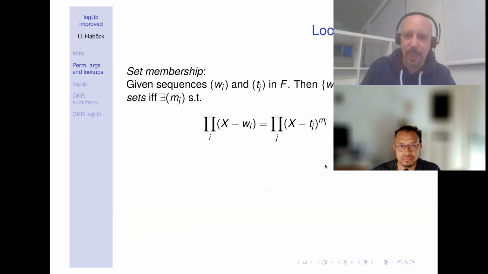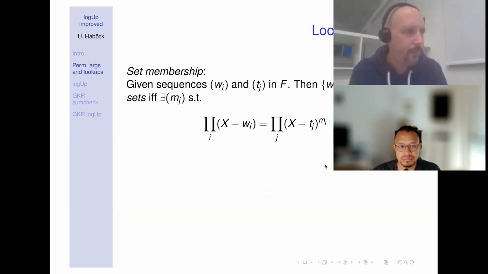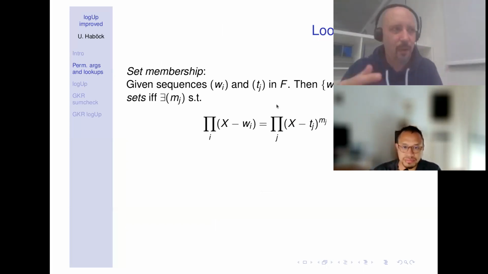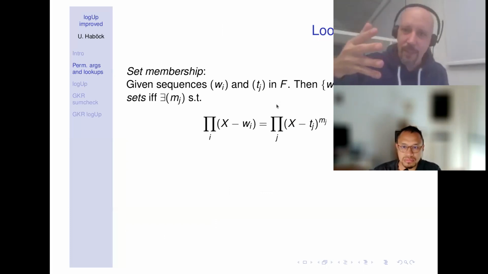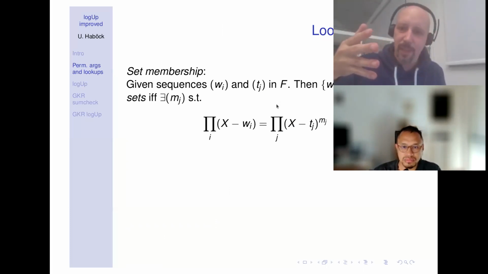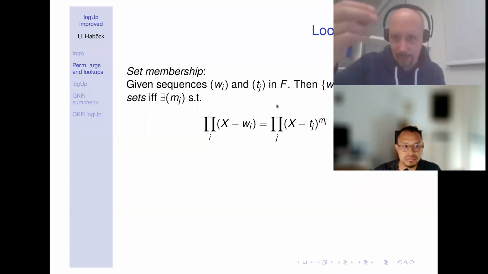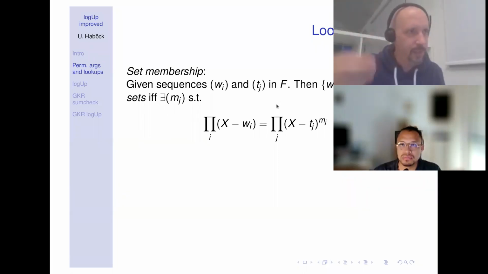For lookups, it's slightly more complicated. Actually, it's not slightly more, let's say it's substantially more complicated. It's about set membership. So now I'm given a table sequence T_j. Typically, I don't have multiplicities there, or they're only single occurrences to make it simple.